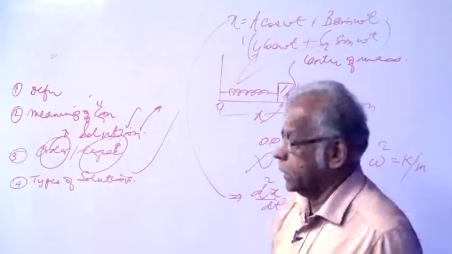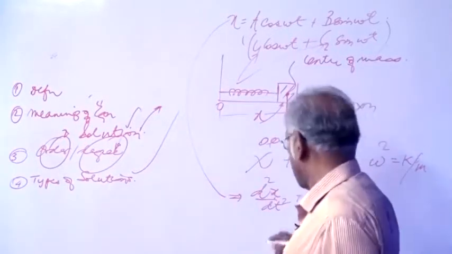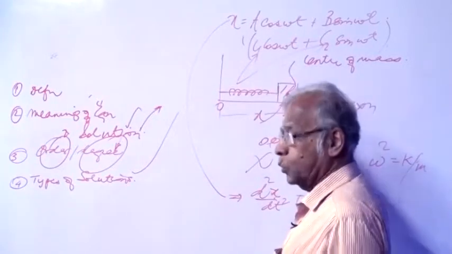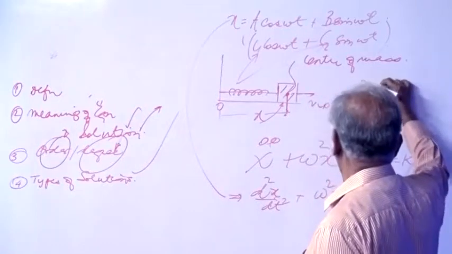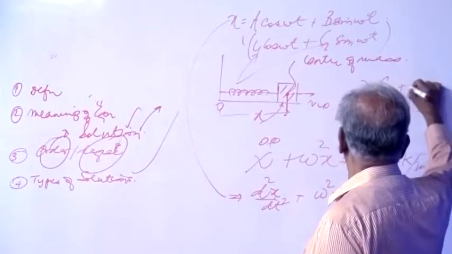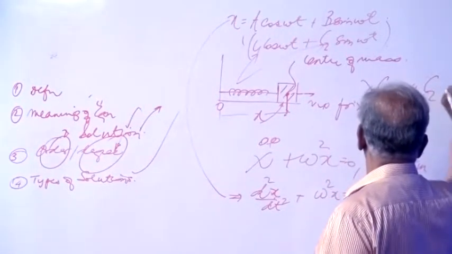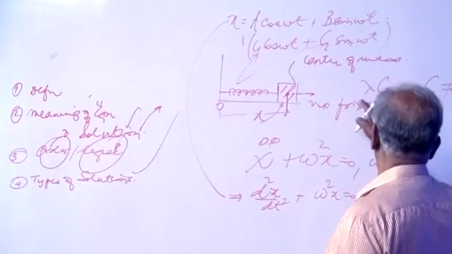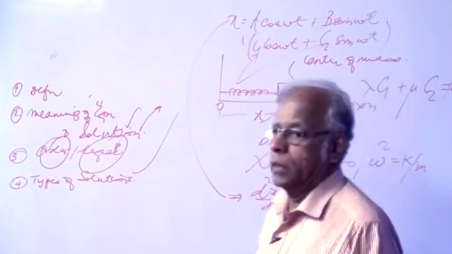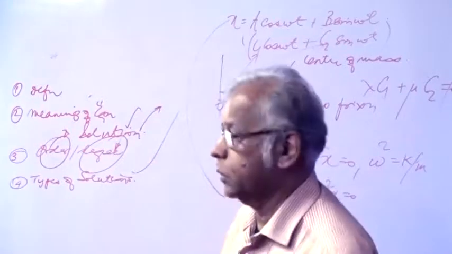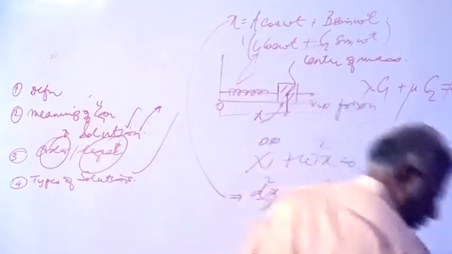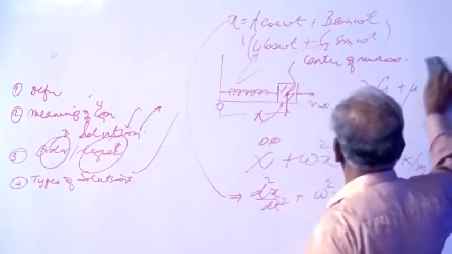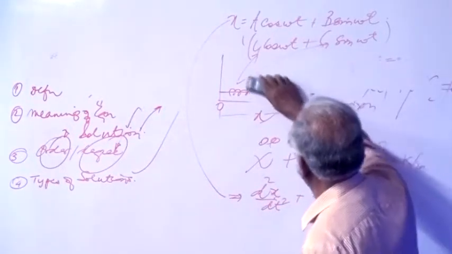That means there is no linear combination of C1 and C2 which can generate 0. In other words, it will not be possible to find any lambda or any mu such that this is 0. So this will always happen. Lambda C1 plus mu C2 will be non-zero. Now, this is therefore the general solution for this particular situation.